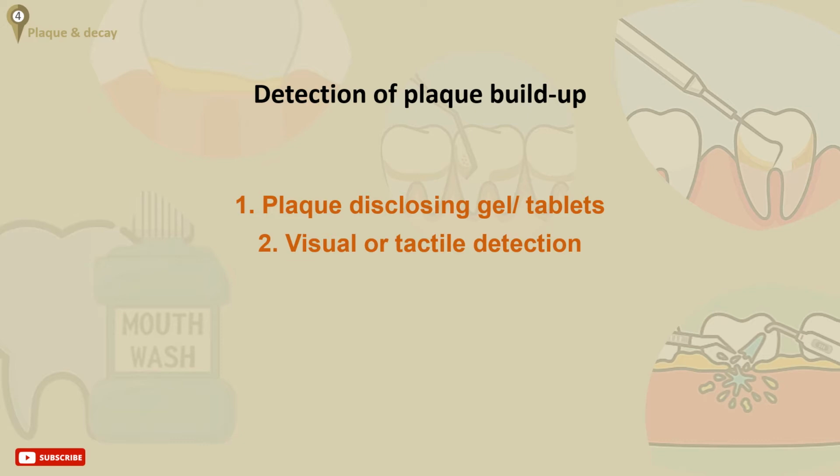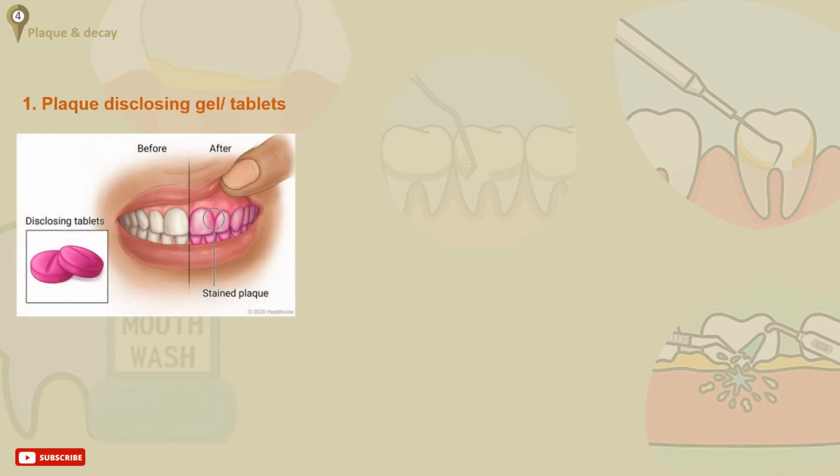And here is the clinically interesting part, how to detect plaque buildups. There are two methods. The first one is to use disclosing gels or tablets, and the second method is the visual or the tactile detection of plaque. Method number 1, plaque disclosing gels or tablets.